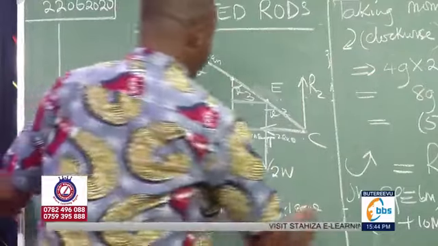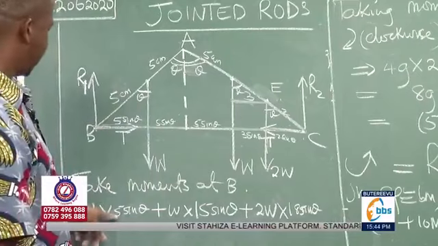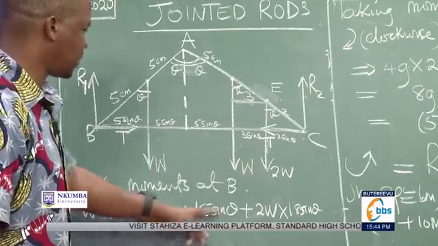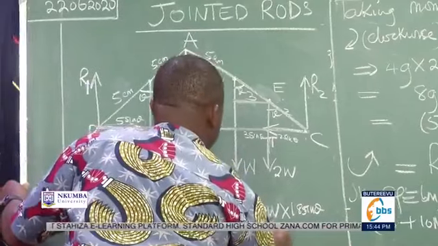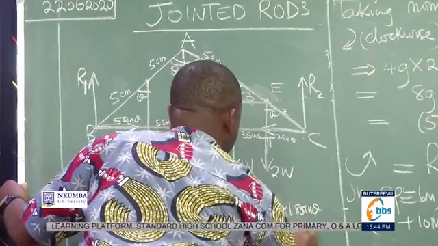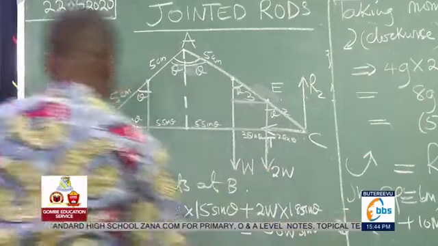And in equilibrium, this is 5, 20, plus 36. This will give us 56 W sine theta. I can call this star.